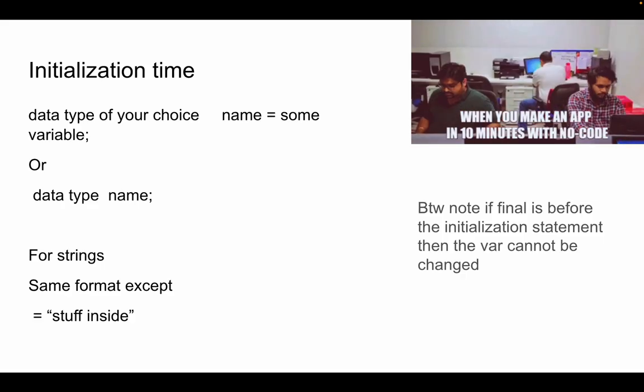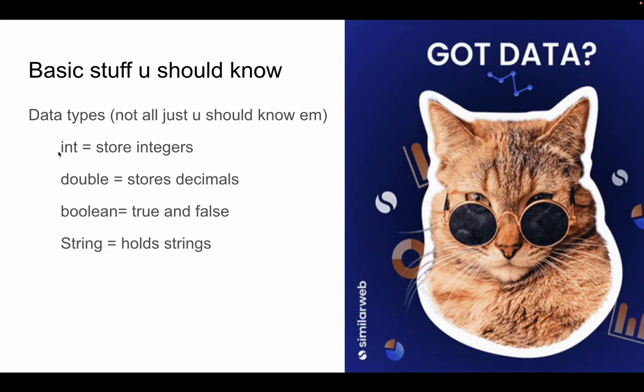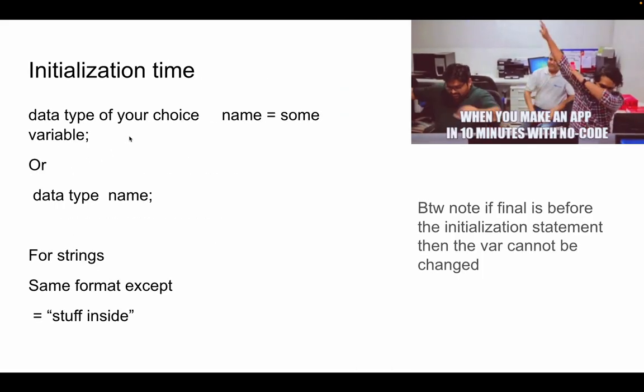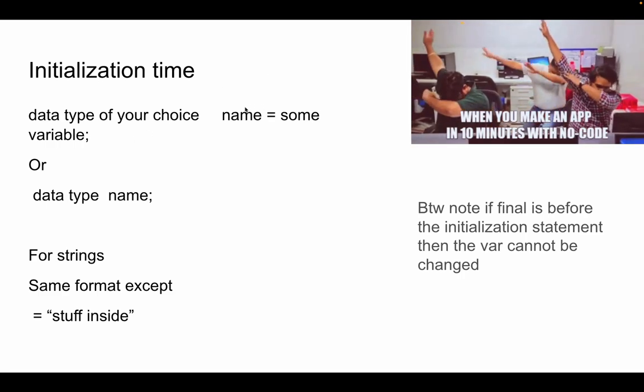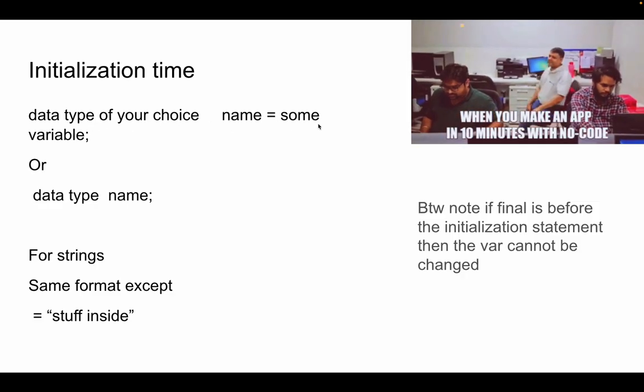Okay. Now on to initializing some of these variables. Basically, whatever the name of the data type that you want to use, so int here, let's say we're using int, and you want the variable name to be called n. How you initialize it is basically int n equal to whatever you want it to be.